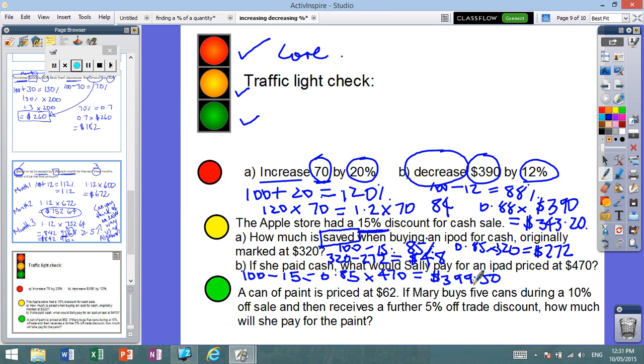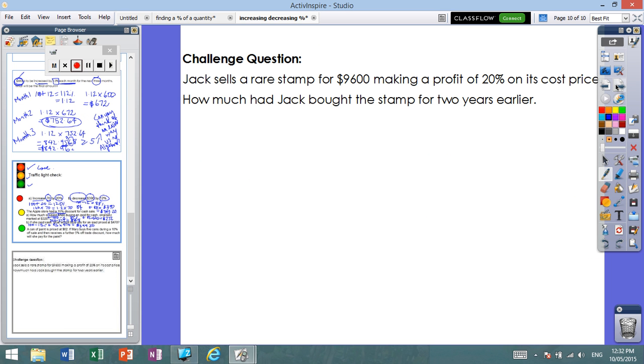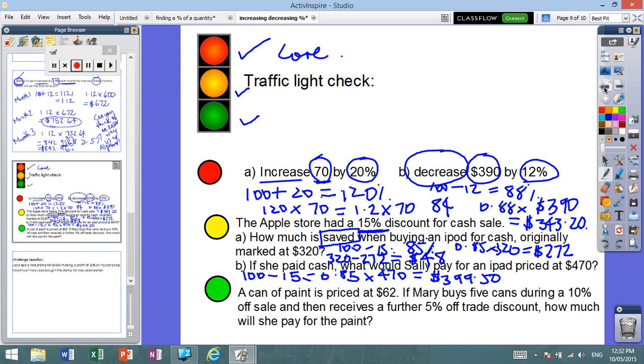Now I'm going to go over the page to explain what's going on with Mary's paint cans. Sorry, I will try and squeeze it in. Okay, Mary's paint cans can come up here. Mary's buying 5 paint cans of $62, so hopefully you added those together and she's paying $310 for her paint cans.